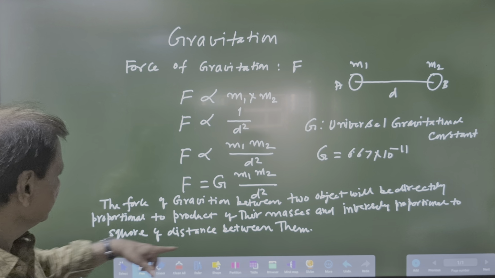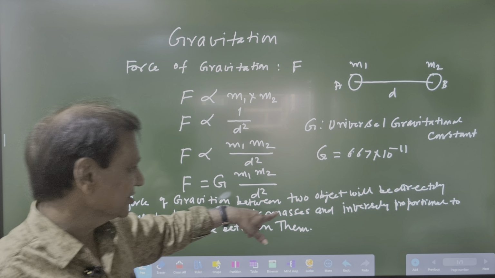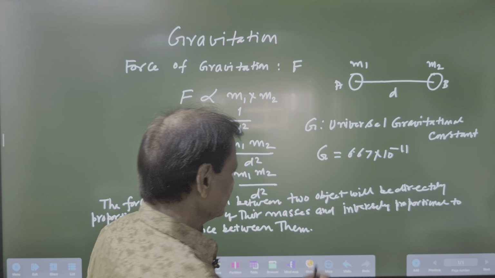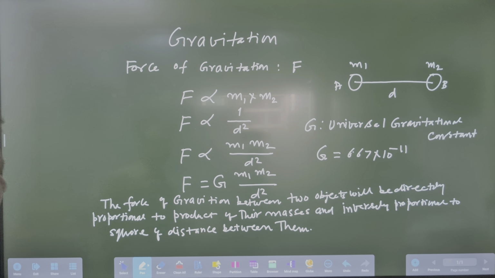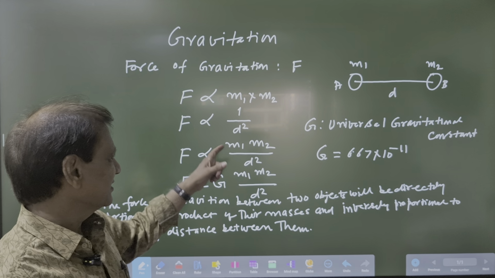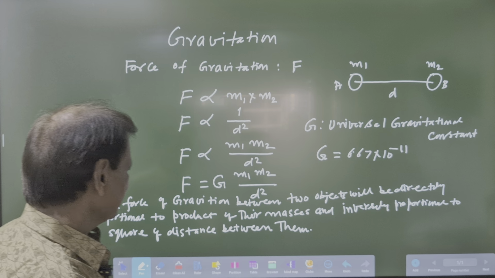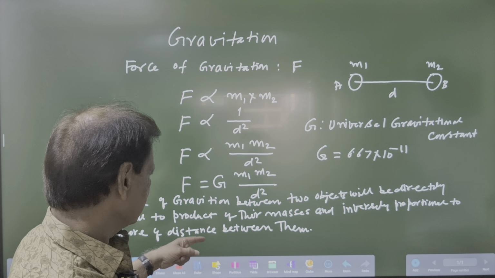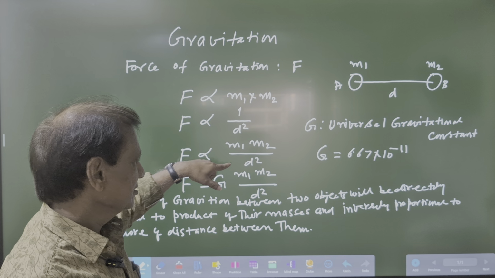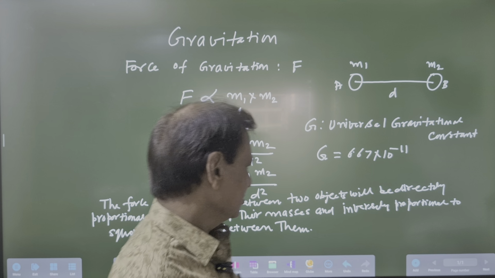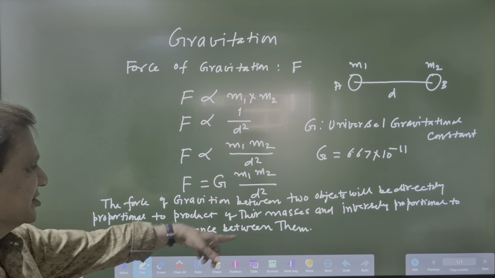So as I told you, the force of gravitation between two objects will be directly proportional to the product of their masses, and inversely proportional, because it is in the denominator, to the square of the distance between them.